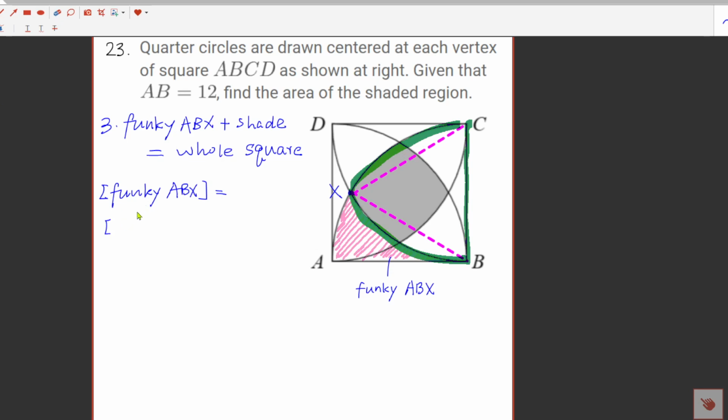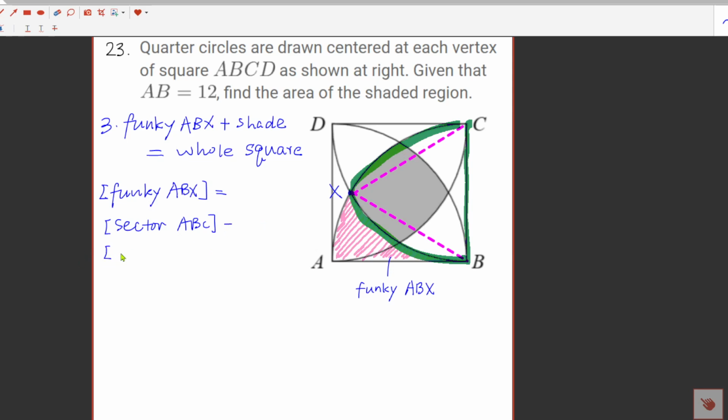Okay, let's complete this. Funky area ABX equals sector ABC subtracted by, let's call this the green region. Okay, let's write it in detail.